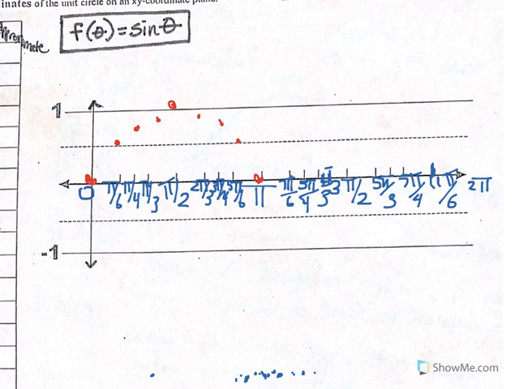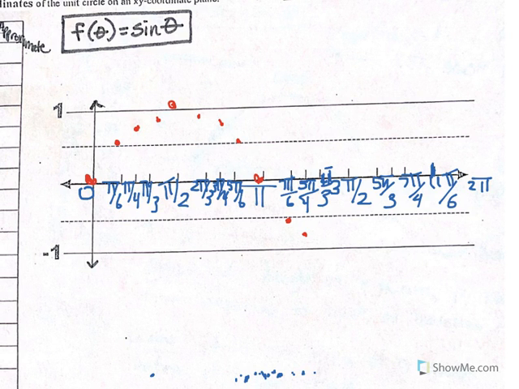So it looks like an upside down parabola right now. But then you remember, we're going to be negative in the third and fourth quadrant for sine. So at 7 pi over 6, we jump right to -0.5. Then we're at -0.7. Then we're at -0.8. And then at 3 pi over 2, which is at 270 degrees, we are right there at -1.